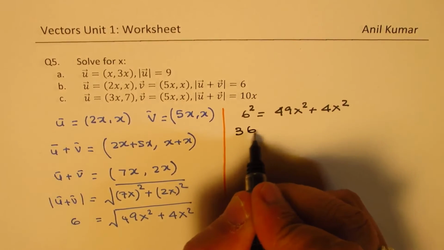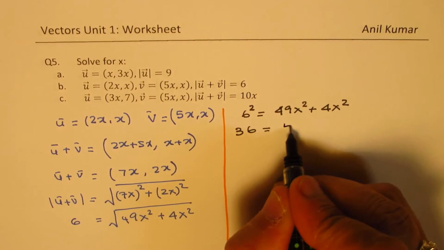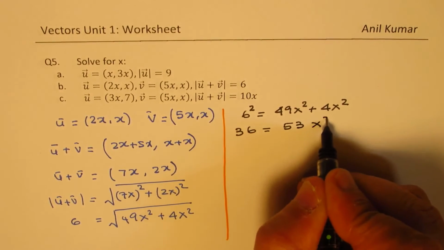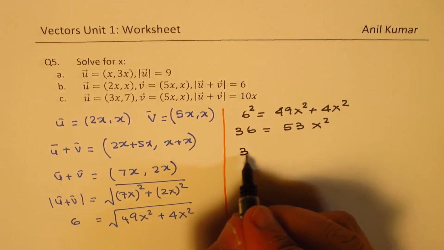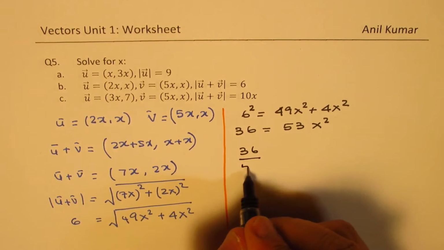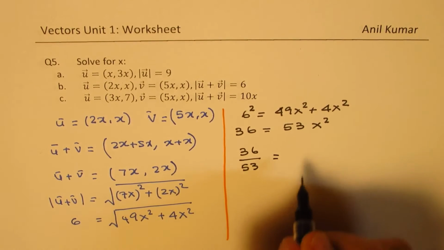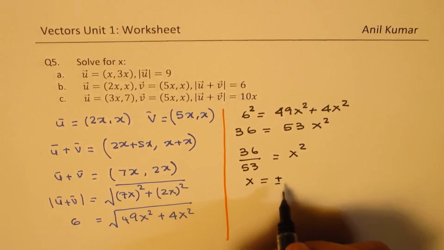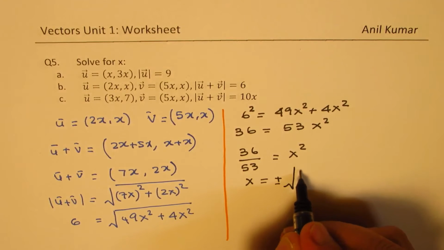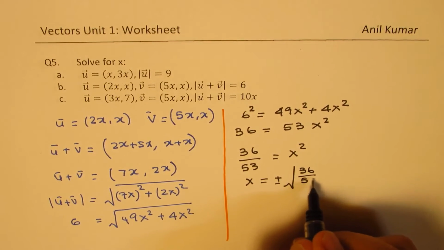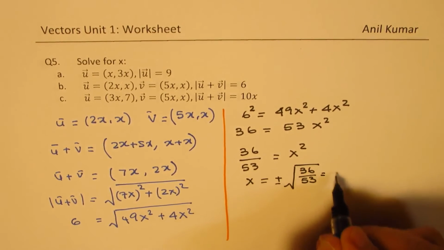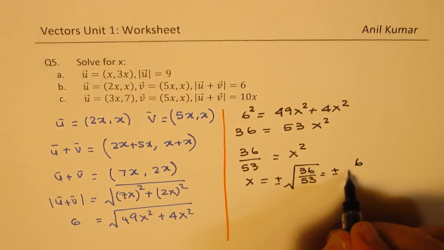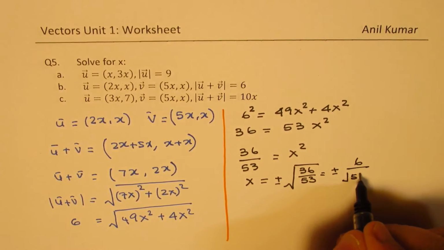So we have 36 equal to 53x squared, or we can write 36 over 53 as equal to x squared, and so we can write x as square root with a plus minus sign of 36 over 53, which is plus minus 6 over square root of 53.